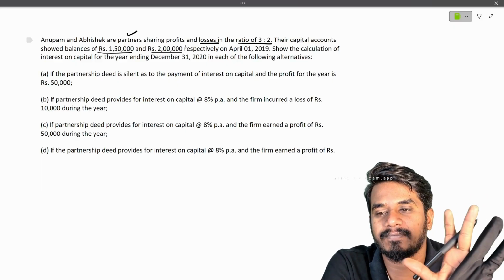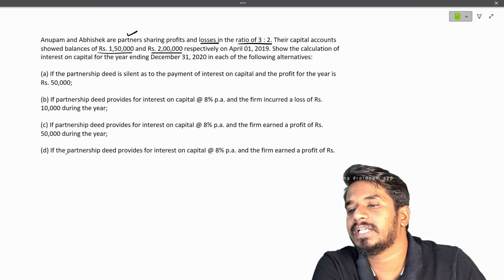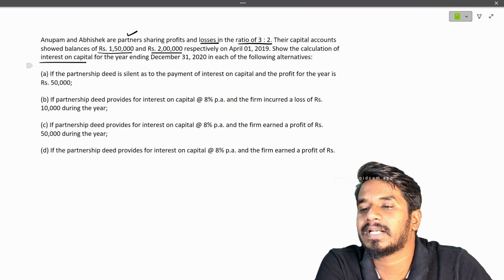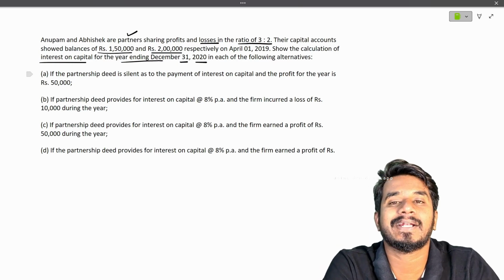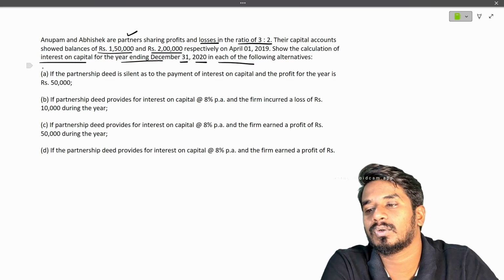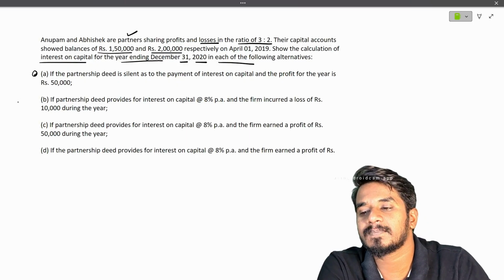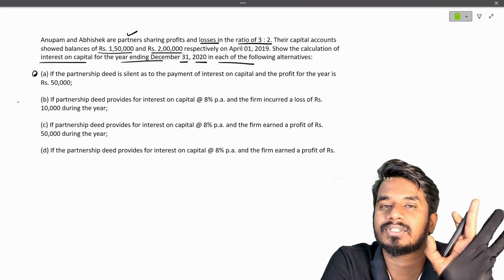Calculate interest on capital for the year ending December 31st, 2020 in each of the following alternatives. They have given four cases, so we need to calculate interest on capital for these.